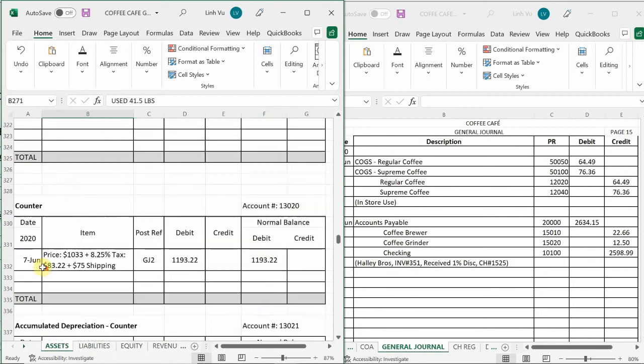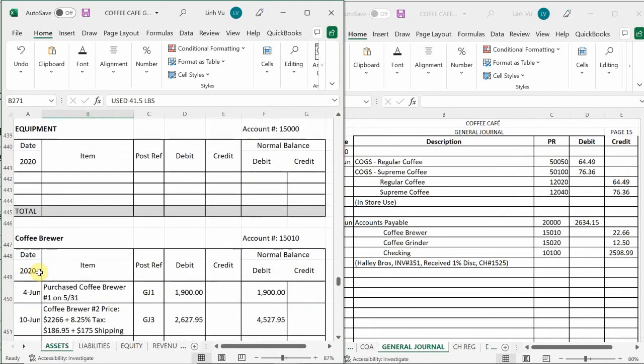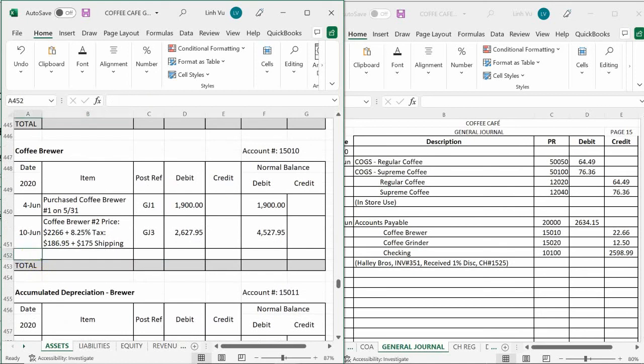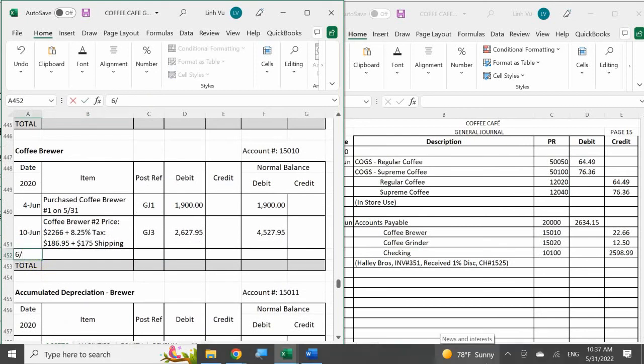I also took a discount off of each of my coffee brewer and coffee grinder. So in this case, here you go. It's the 25th. Okay. Received 1% discount on coffee brewer number 2, right?